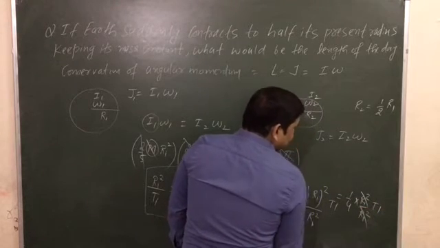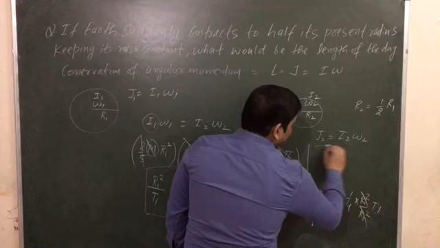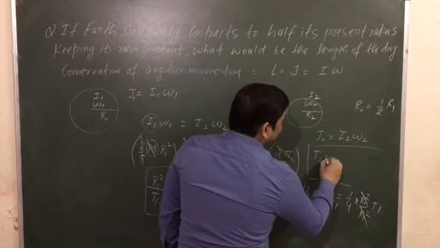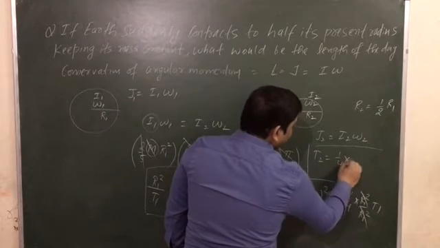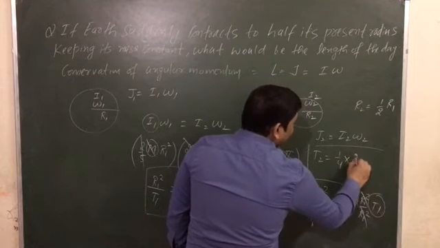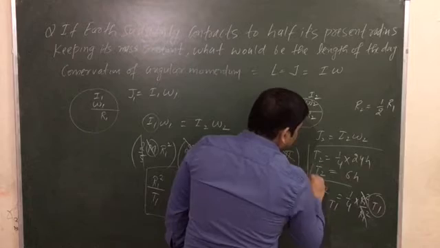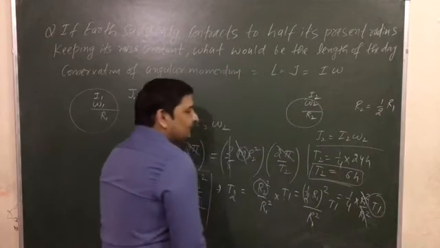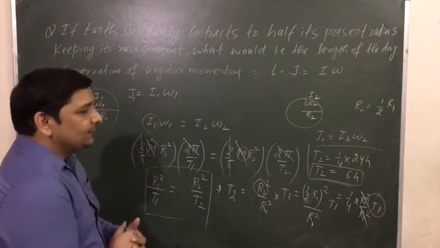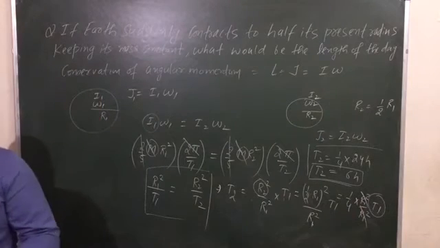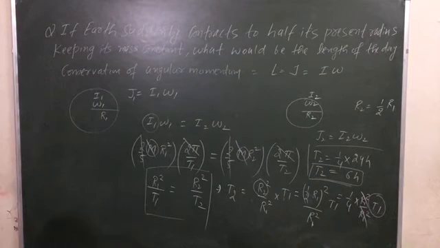R1 square cancels out. Therefore, T2 will be equal to 1 by 4 into T1. T1 is 24 hours, because length of one day is 24 hours. But in the second case, length of one day will be equal to 6 hours, 1 by 4th of T1.